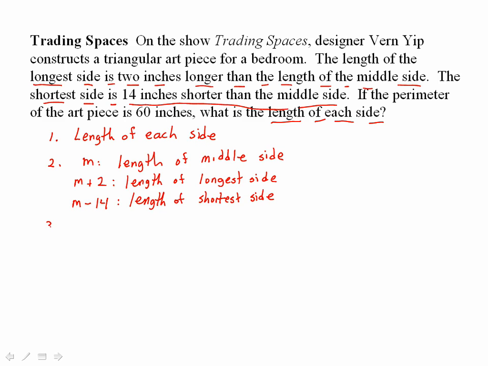Now that we have our 3 unknowns named, what we're going to do is translate this into a mathematical model. We know the perimeter of the art piece is 60 inches, and we know that the art piece is triangular. The perimeter of a triangle is the sum of the lengths of the 3 sides.